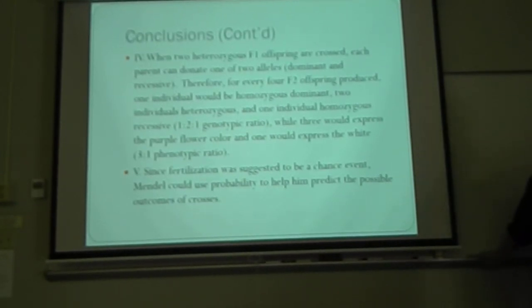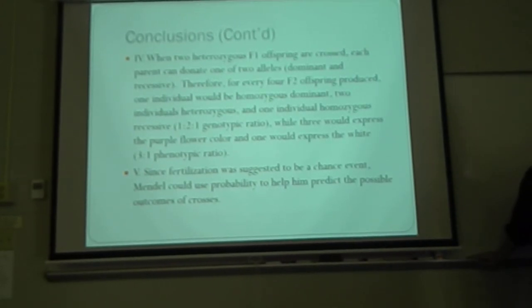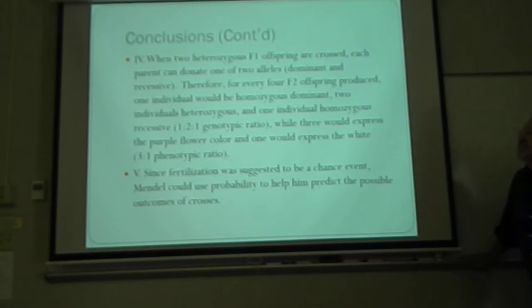When he took 2 F1 heterozygous offspring and crossed them, each parent could donate 1 dominant or 1 recessive allele. Therefore, for every 4 F2 offspring produced, 1 individual would be homozygous dominant, 2 individuals would be heterozygous, and 1 individual would be homozygous recessive.